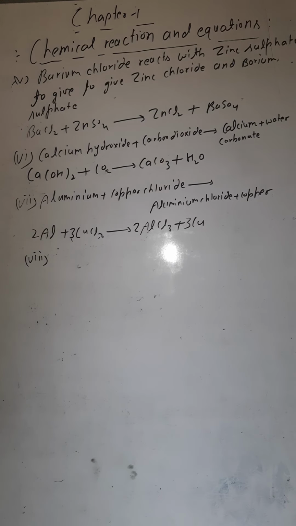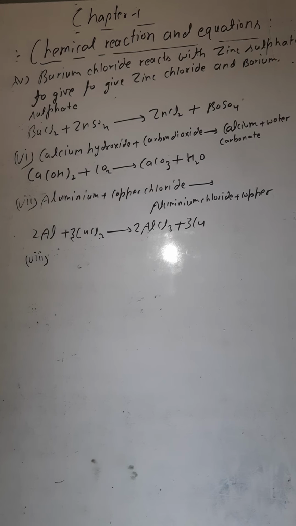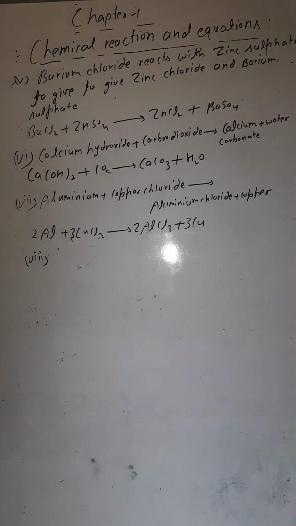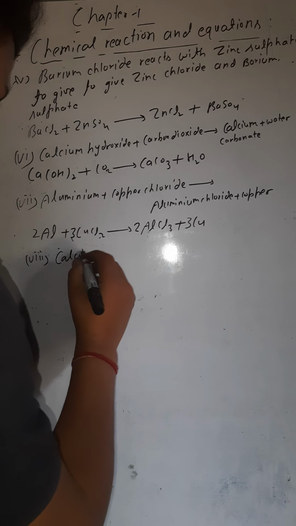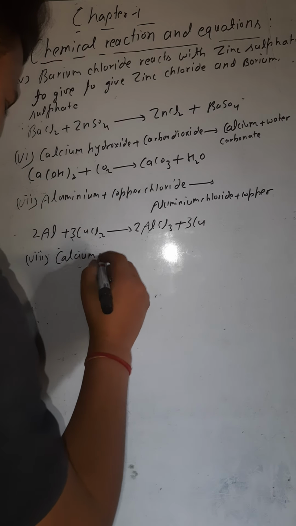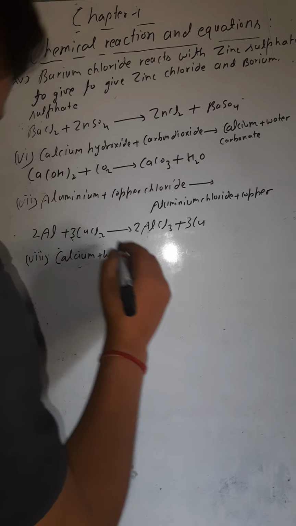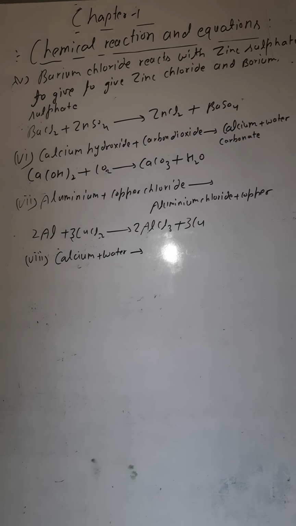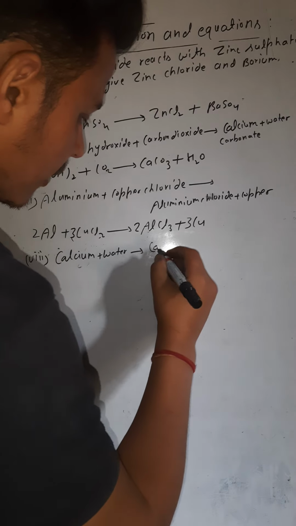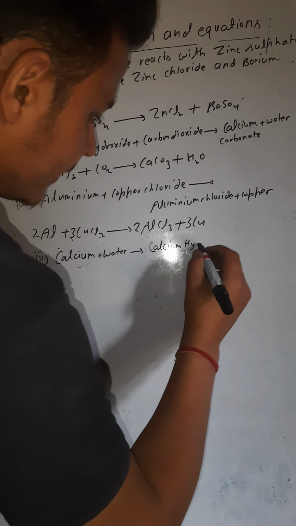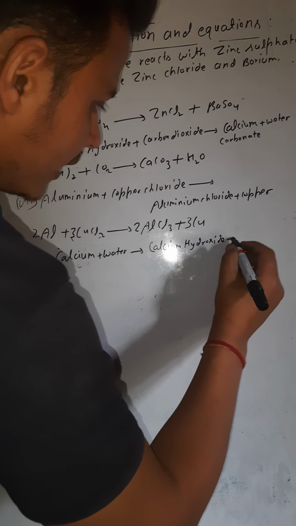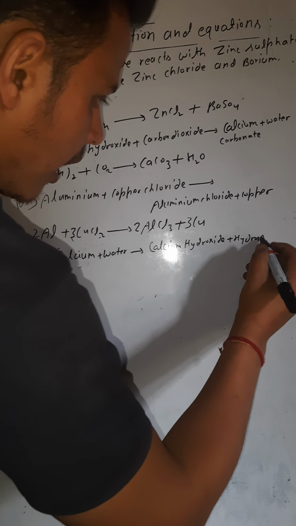Now the eighth one is calcium plus water gives calcium hydroxide plus hydrogen.